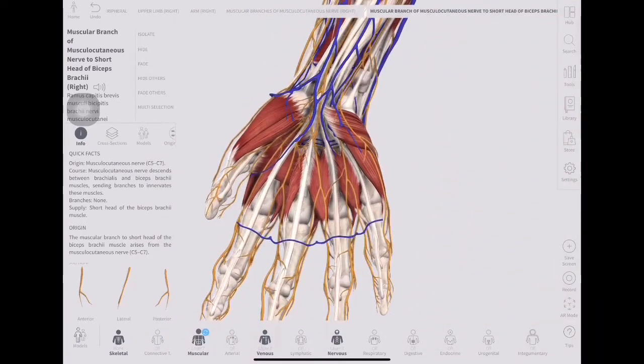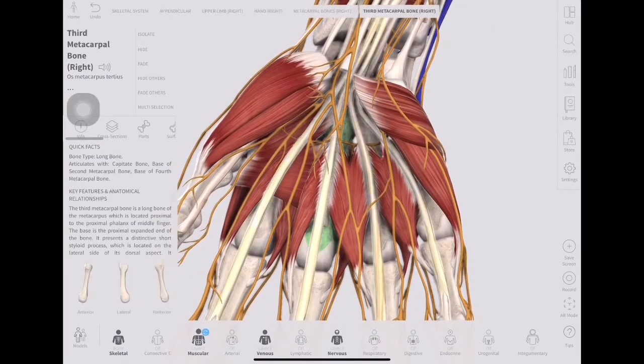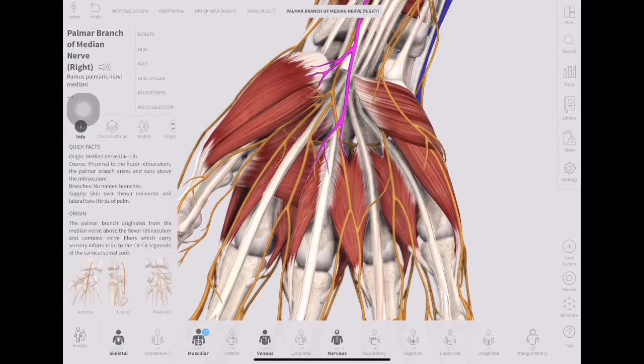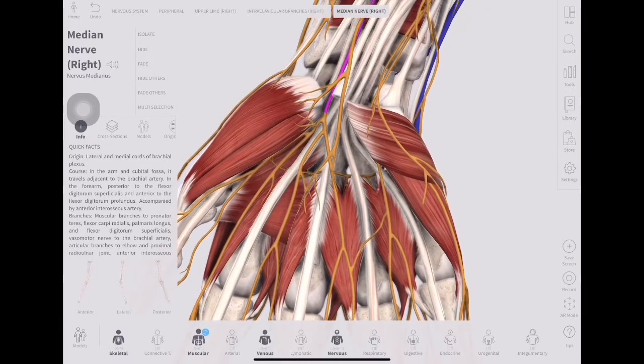Zooming in on the hand, we'll be able to appreciate the palmar branch of the median nerve C6 to C8 and the median nerve itself, the palmar branch of the ulnar nerve, as well as the superficial branch of the radial nerve.